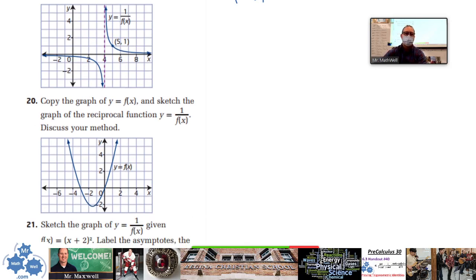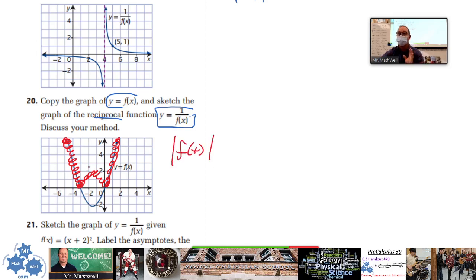Okay. So copy the graph of f of x and sketch the reciprocal. Okay, so now we need to find the reciprocal. Okay, this is not absolute value. Please, please be careful, because some of you on the quiz did this. You sketched this graph, which is the absolute value of f of x.